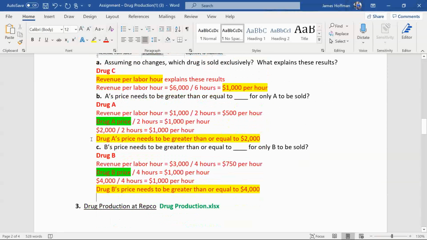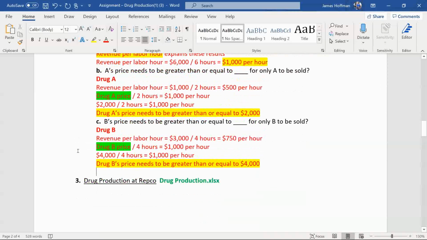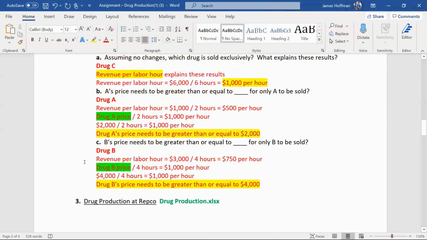Okay, so I think we're getting the idea here. They get a little more complicated, but I do a bunch of these examples, and I still see students get some weird answers on the exam, so I want to make sure that we understand it.